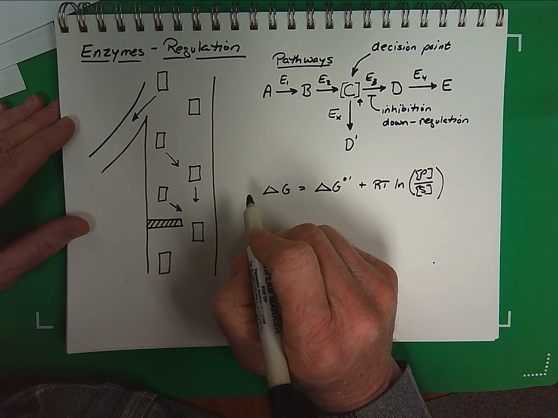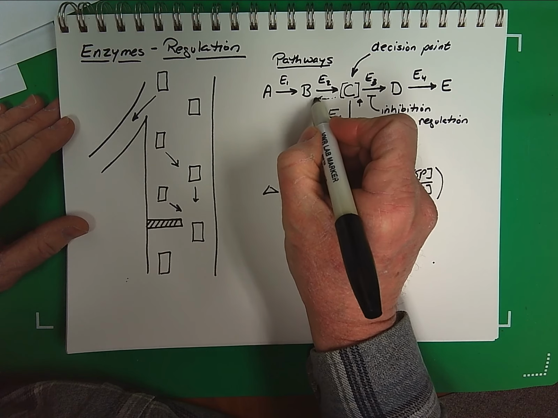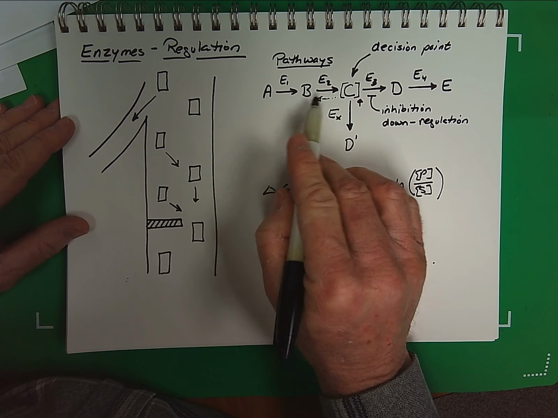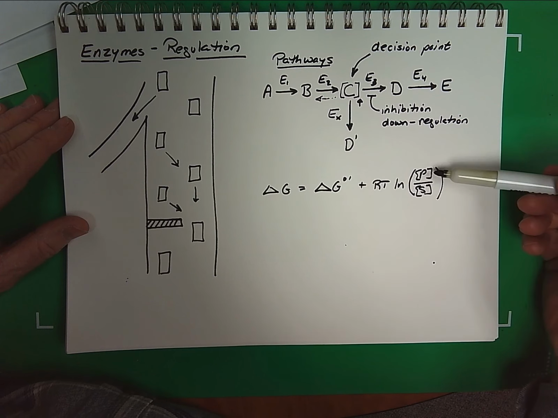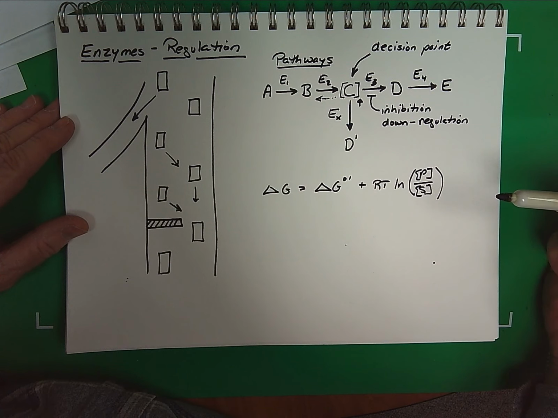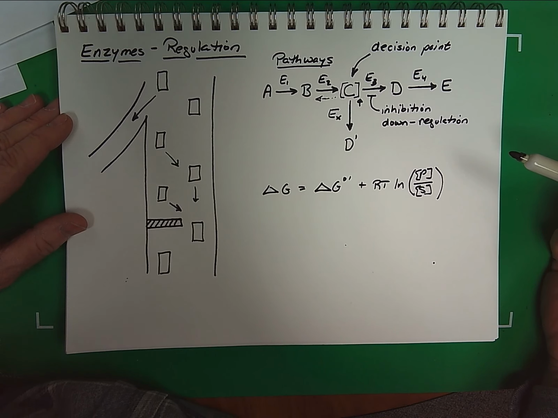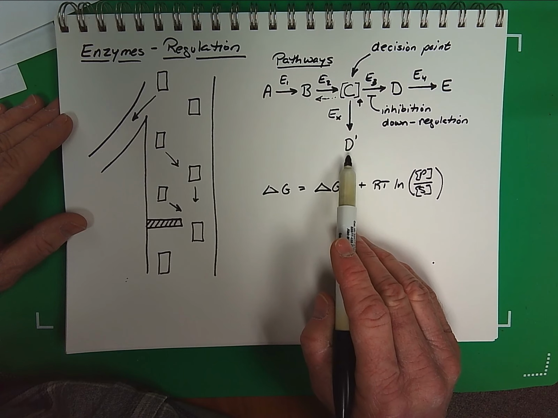Now typically in biochemical reactions we could have this potentially reverse, because this being the product of this reaction starts to increase, and now we have an increase in P over S, a large positive number, and so we can move in the other direction. But what we want to do is move in this direction, because this is our branch in our pathway, our decision point.